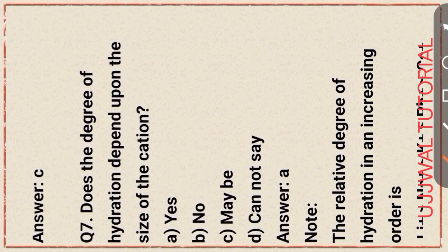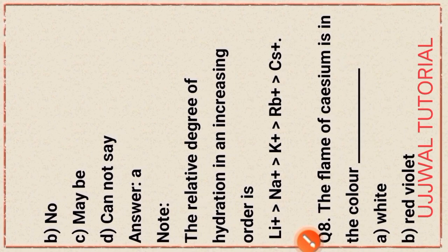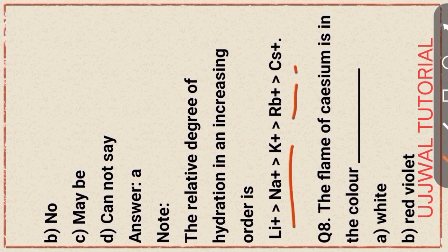The relative degree of hydration in decreasing order is lithium cation, greater than sodium cation, greater than potassium cation, greater than rubidium cation, greater than cesium cation.